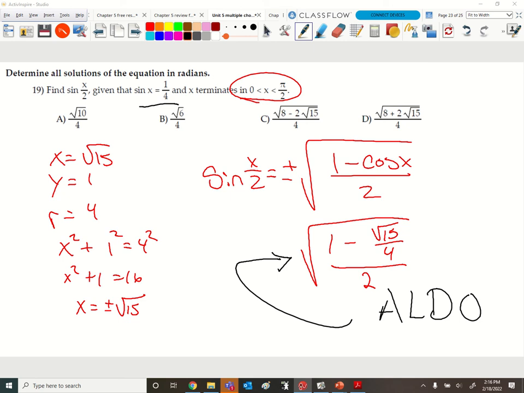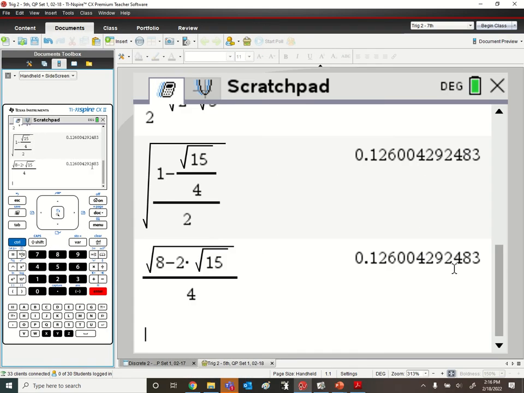The magic of a multiple choice test. All right, for those people still struggling, it should look like this.